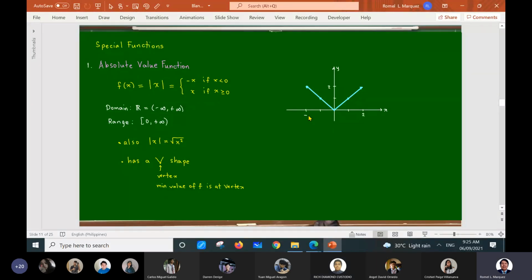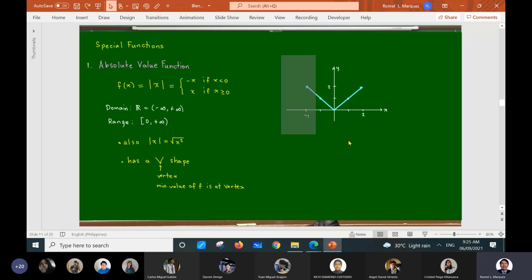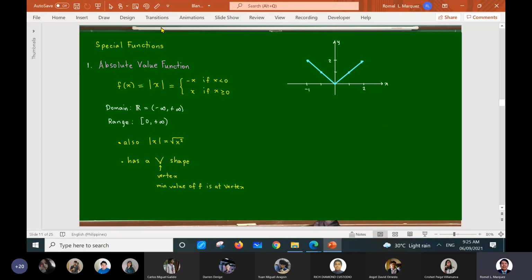What will be the effect if I'm going to negate the absolute value? If I will have, let's say, negative absolute value of x, guys, what if I have f of x equals negative absolute value of x?